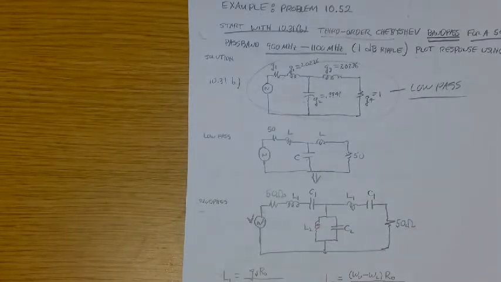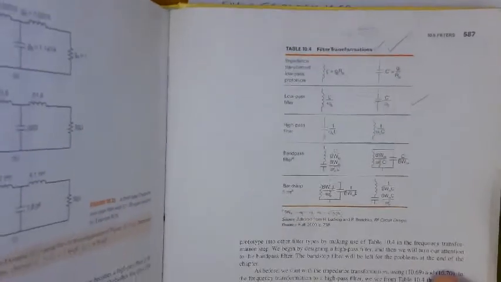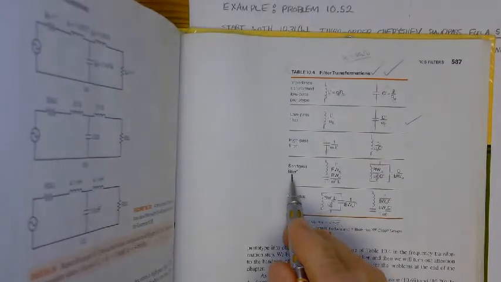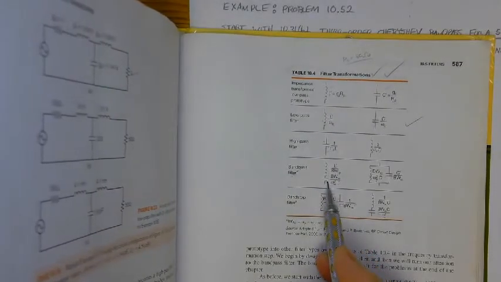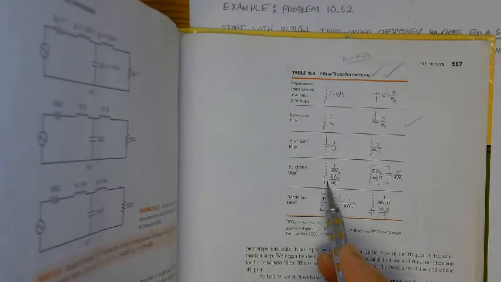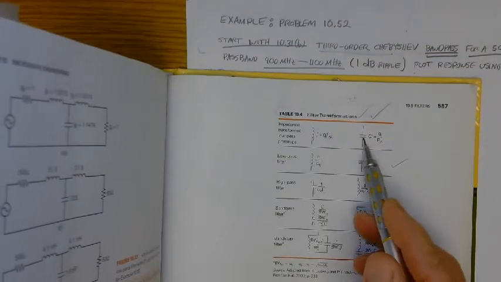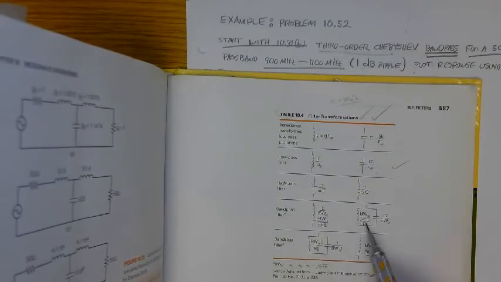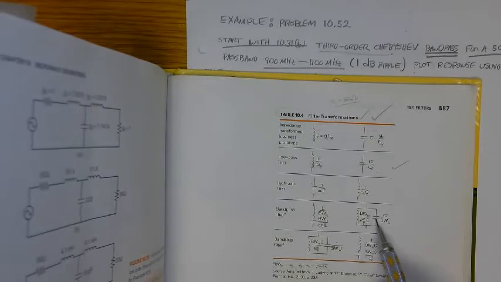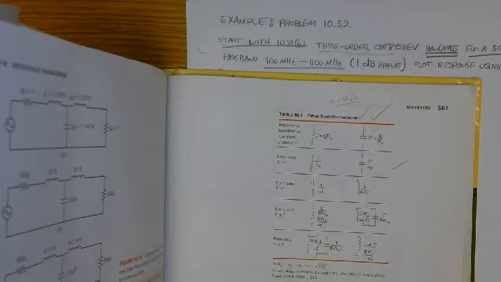Every time I see a C in the low pass design, I need to replace it with a shunt LC element. So inductors get replaced with series inductance capacitance. Capacitance gets replaced with shunt inductance capacitance of these values.